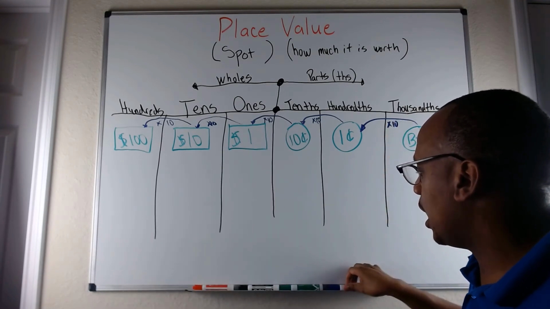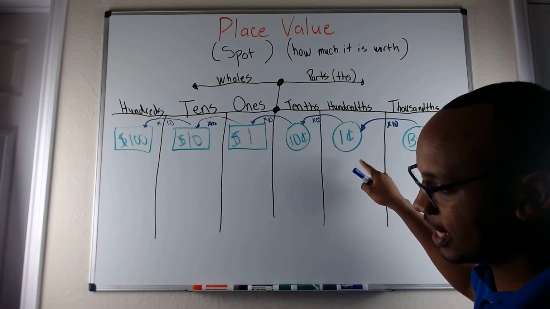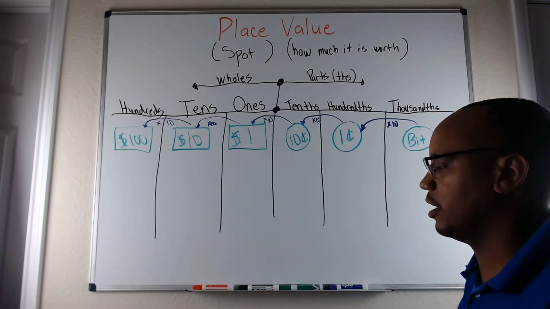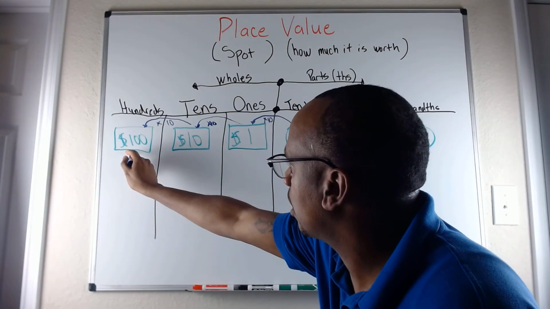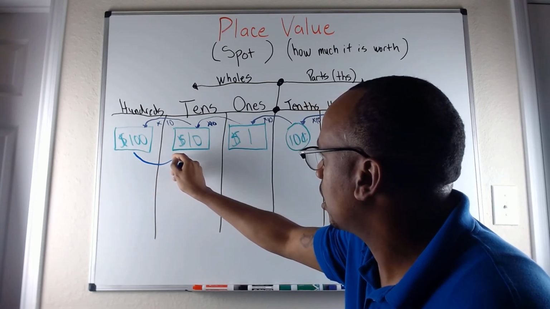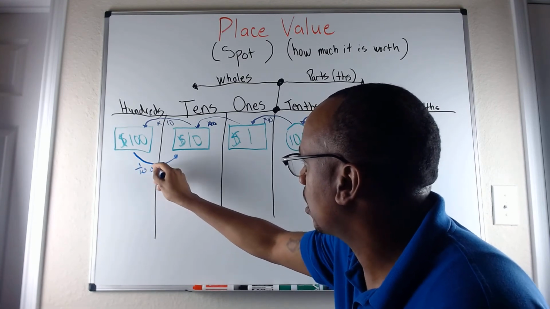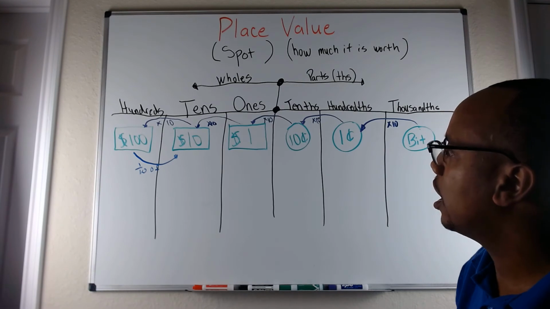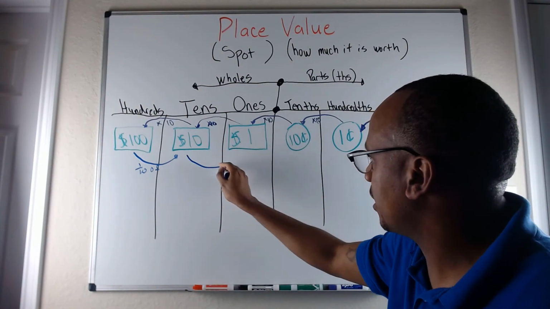Now, it also works in reverse. See, right now I'm composing 10. I'm putting 10 together. I can also break down 10. I can start with a $100 bill and I can divide it by 10 or I can get a tenth of that $100 bill. That's $10. I can take a $10 bill, get a tenth of that.